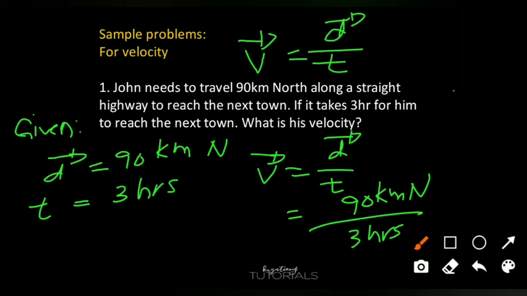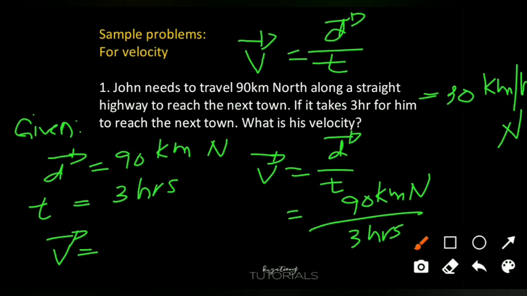So 30 kilometers per hour. Then sumpay si north. So ang atong final answer kibali is, ay naman iswat sa ubos ha, we have velocity is equal to, or no, mag-change lang color, sige, para mas maklaro.